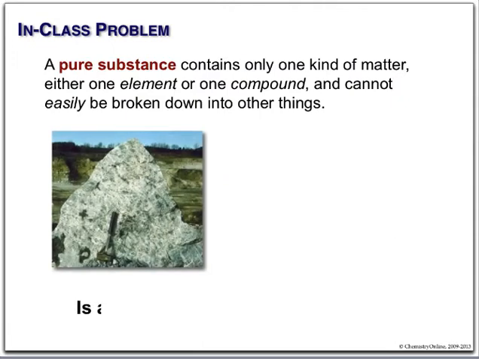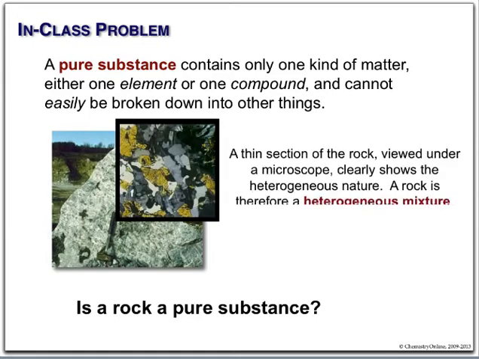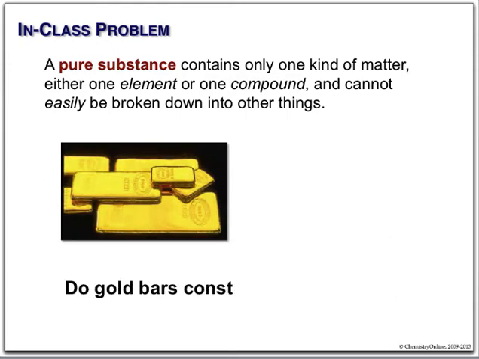Look at a couple of simple examples. Here we have a rock. Is a rock a pure substance? Well, it looks like it's solid rock, but on a magnified scale, a thin section shows that it is indeed an aggregate and is therefore a heterogeneous mixture. Gold bars.